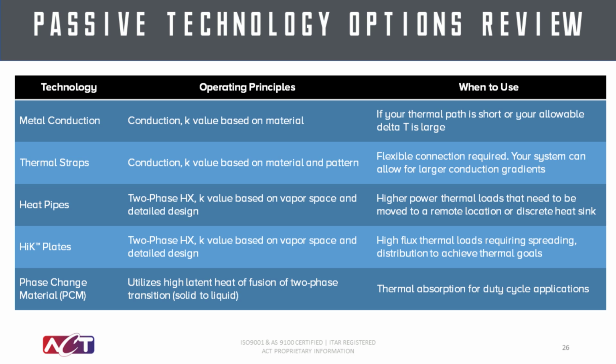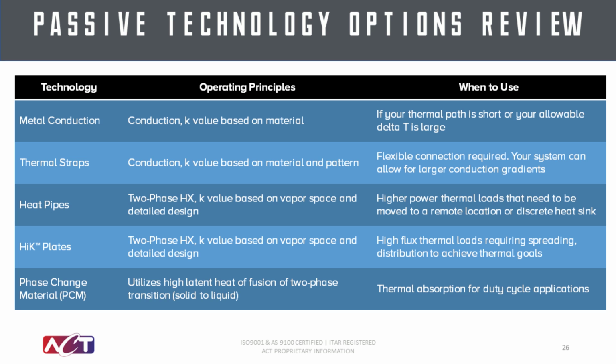Finally, I'd like to do a quick review of some of the different technologies we've talked about today and where they might be used. If your application is such that you are getting away and meeting your thermal goals via conduction through base metals, such as aluminum, copper, magnesium, that makes the most sense.